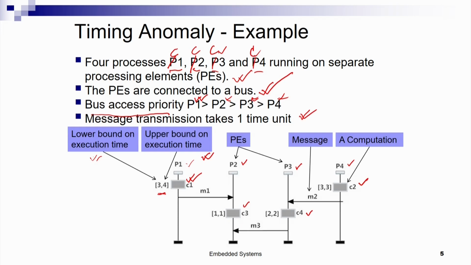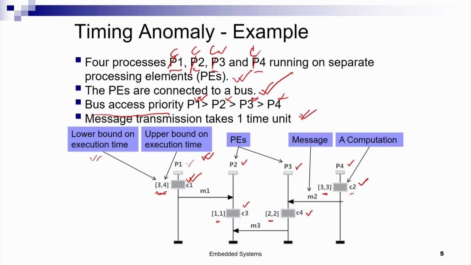Over all such data, the least execution time it takes is 3 units and the highest is 4 units. For all other tasks, the lower bound and upper bound are the same.